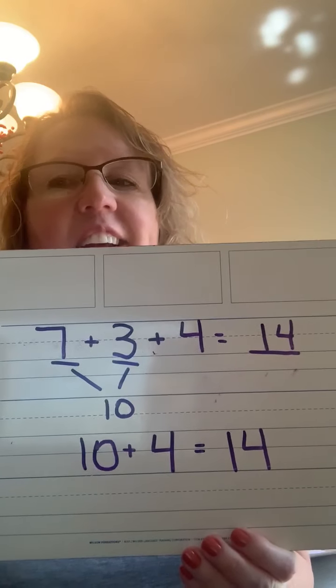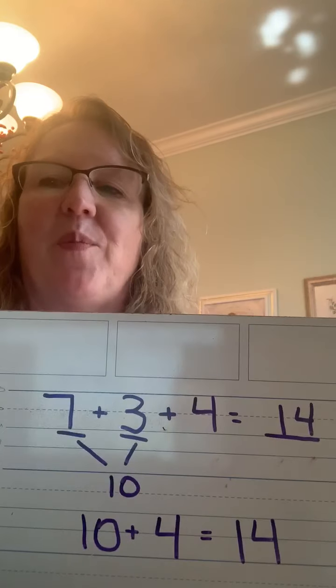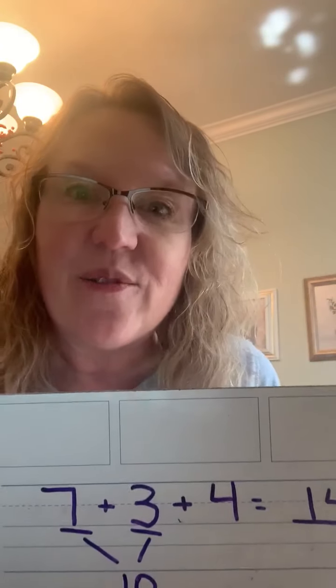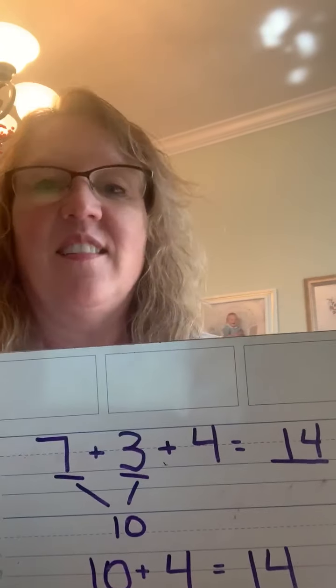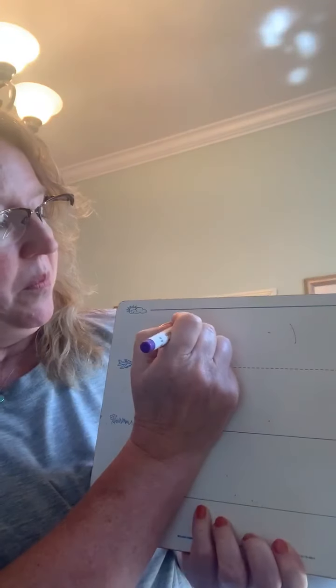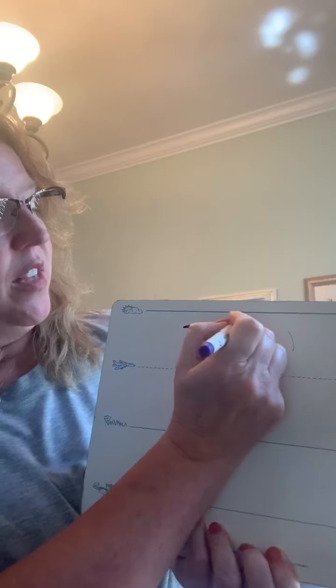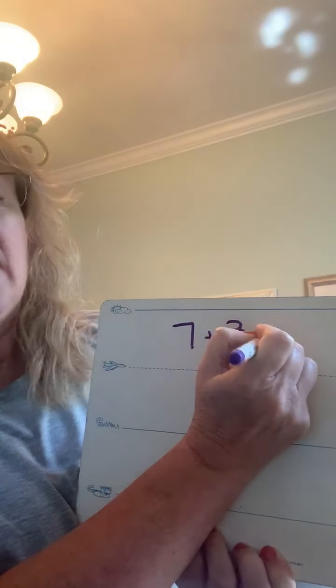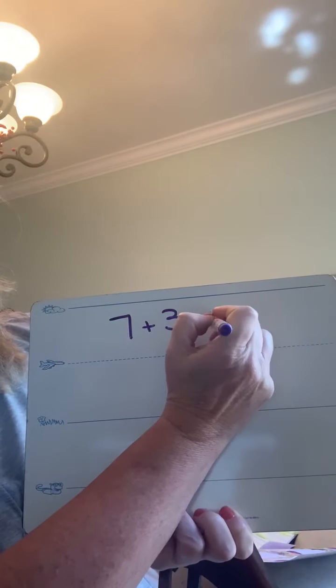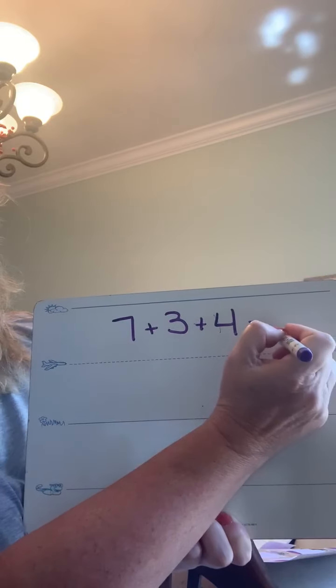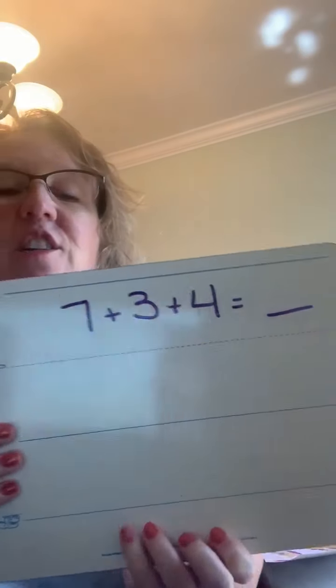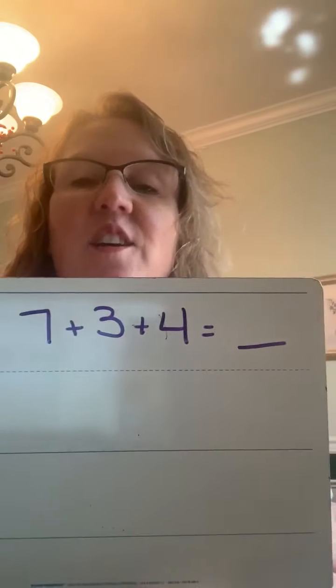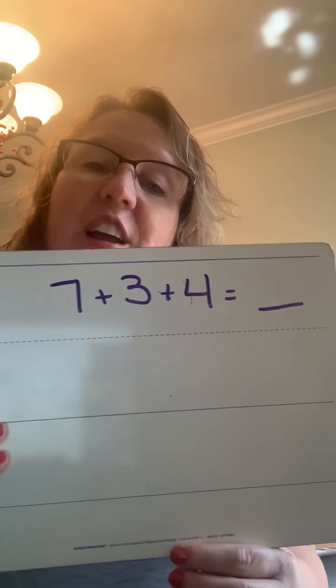All right. Now, look on the other side of the paper. We can do it a different way. Your choice. So I'm going to rewrite that problem. 7 plus 3 plus 4. And what does that equal? Well, we figured out over here it was 14. But let's see if we can go a different way and figure it out that way.